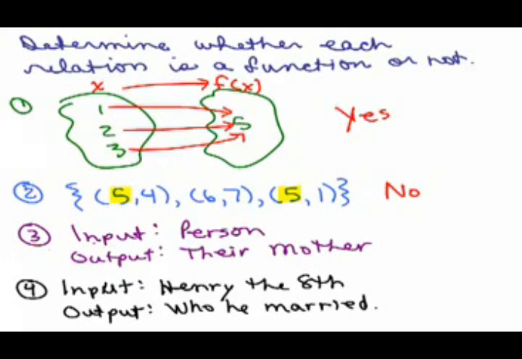All right, number 3. If the input is a person and the output is their mother, so if you put someone in, out comes, let's say, the name of their mother, is that a function? Actually, I should be clear here. What I mean is their biological mother.